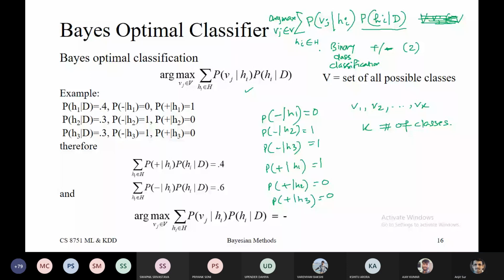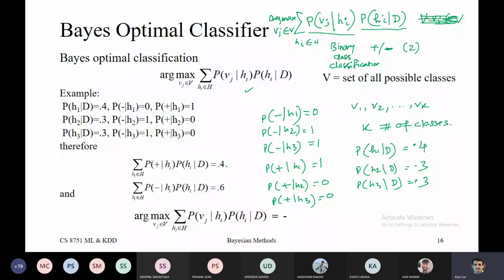And we know from this example the posteriors. What is the posterior of H1 given D? It is 0.4. H2 given D is 0.3. H3 given D is again 0.3. So we just multiply accordingly, and if we do this multiplication and sum it over Hi, you get 0.4 and 0.6.